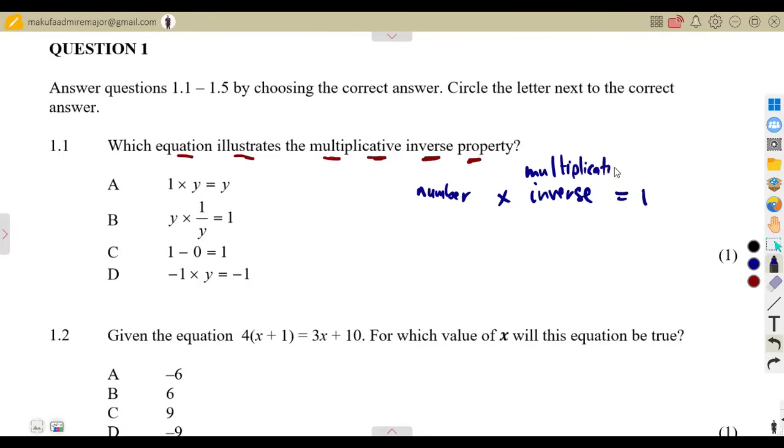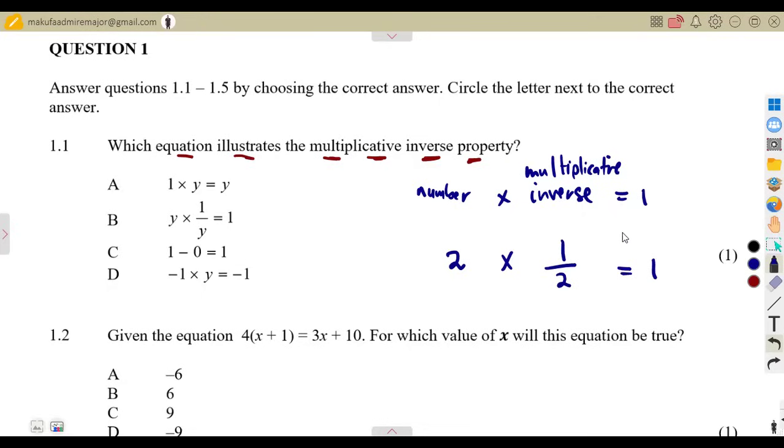So given a number such as 2, the inverse of a number is 1 over that number, so it's 1 over 2. We must get a 1.